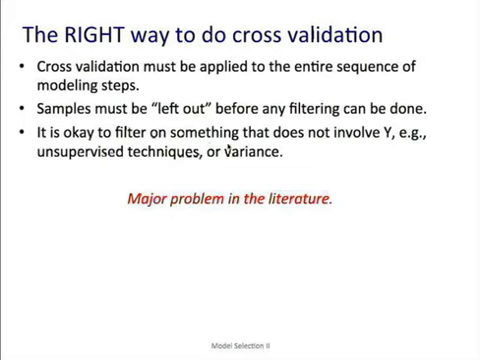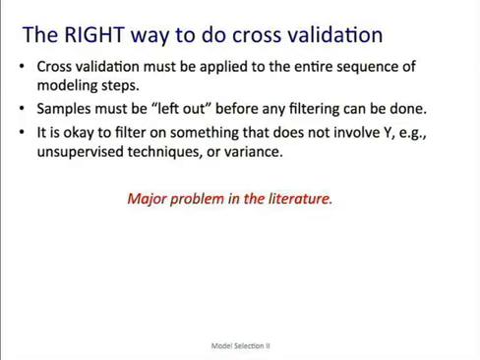It is okay to filter on something that does not involve Y, for example, something unsupervised or involving variance. This is actually a major problem in the literature. Lots of people make mistakes in this piece. And it's not just about cross-validation, it sneaks up in other methods too.